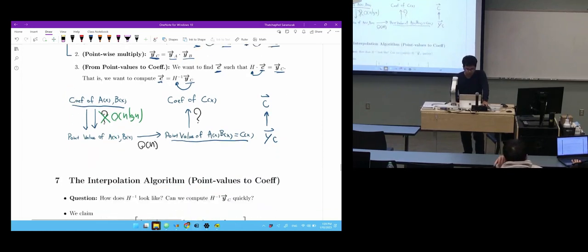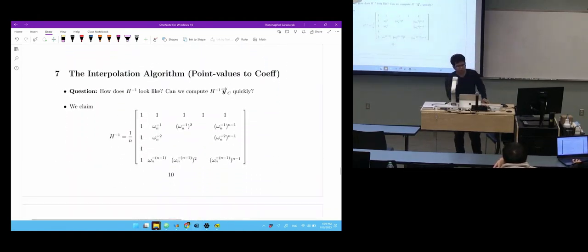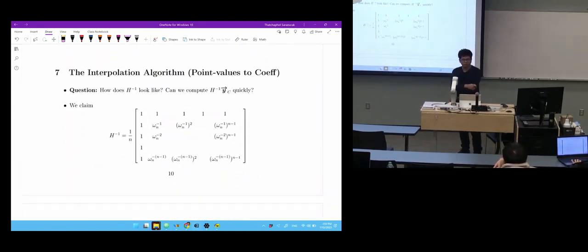Okay. So now, how does H inverse look like? And how do we compute the matrix-vector multiplication with H inverse? What I claim is that H inverse, you can actually write it down in a super clear way, super concretely. H inverse actually just looks like this.